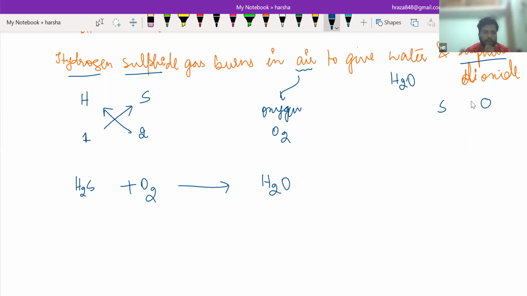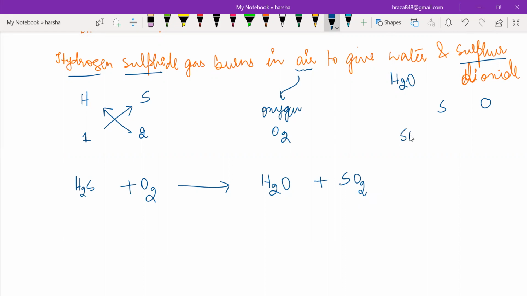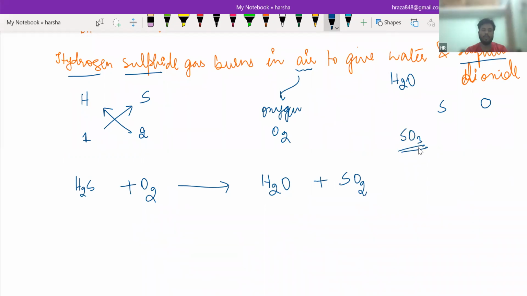Sulfur dioxide means SO2. If it says sulfur trioxide, that means SO3. So some chemical names you have to remember with chemical formula, and then it will be remembered forever.